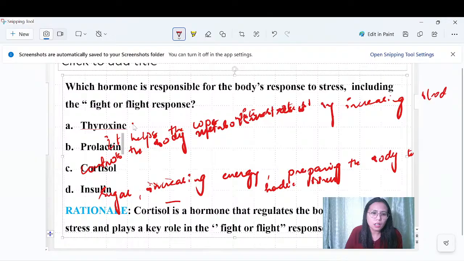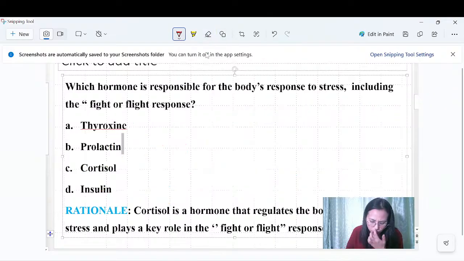Prolactin stimulates the milk production, and insulin lowers the blood glucose level. So among the options, the correct answer is cortisol. Cortisol is the hormone that regulates the body response to stress and plays a key role in the fight or flight response. And next question we have.